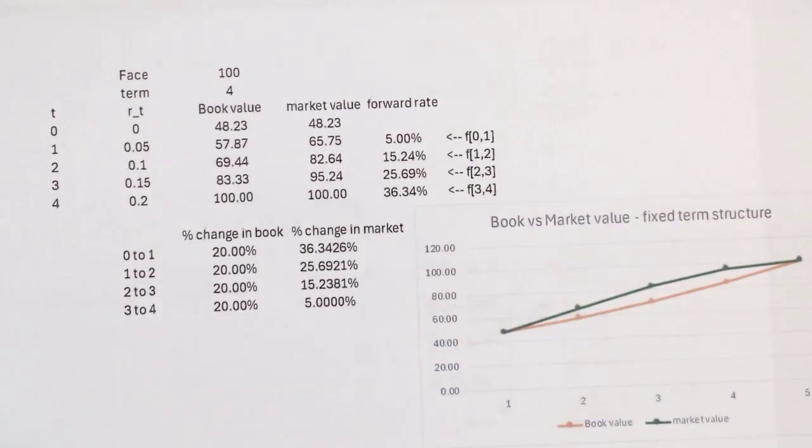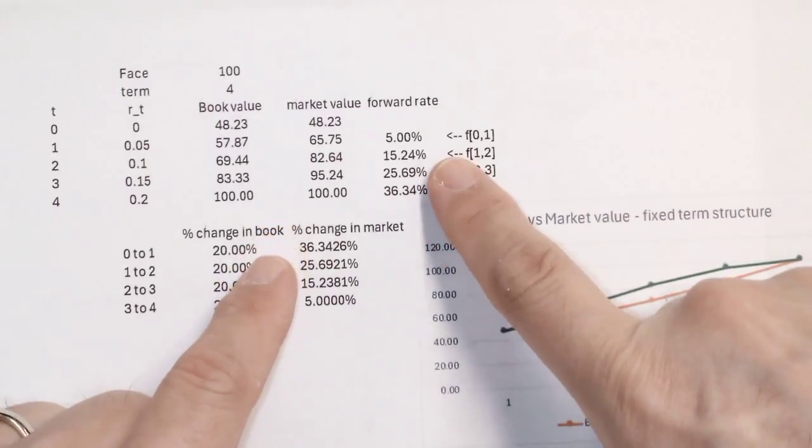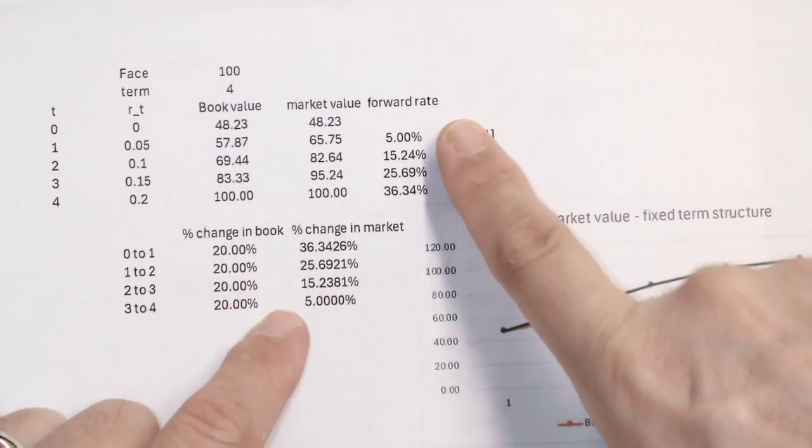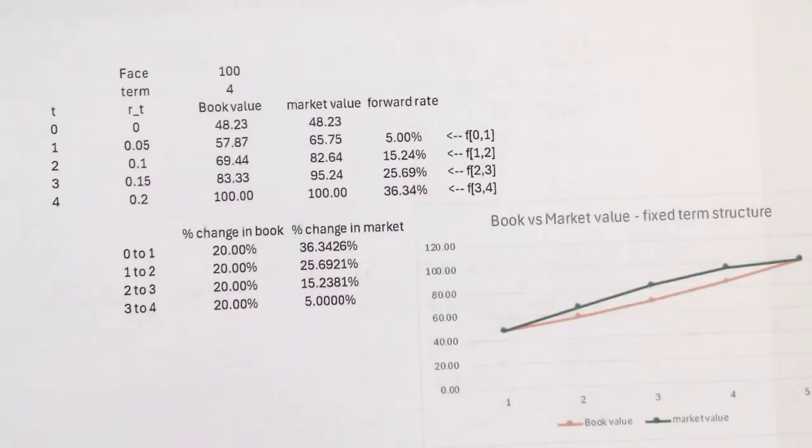The forward rates are the same as the market value changes in reverse. 36.34, 25.69, 15.245. And those are the numbers we came up with.